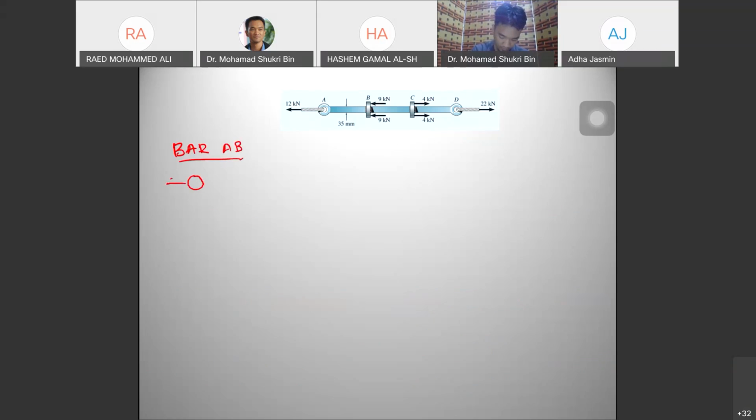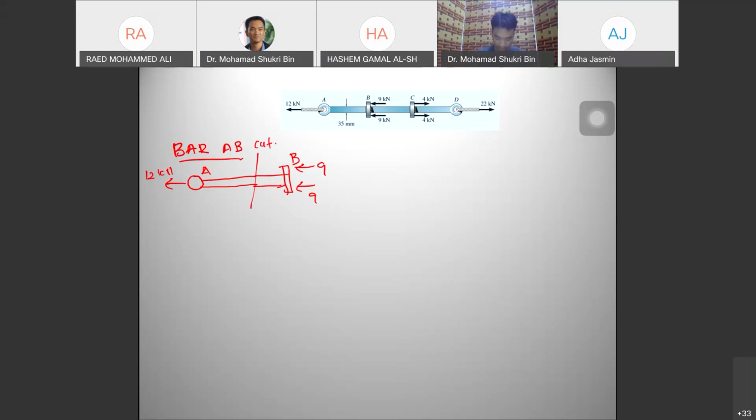We have 12 kilonewton, and then this bar, this is A, and this is B. 9 and 9. For bar AB, you need to cut bar AB. You need to cut here.